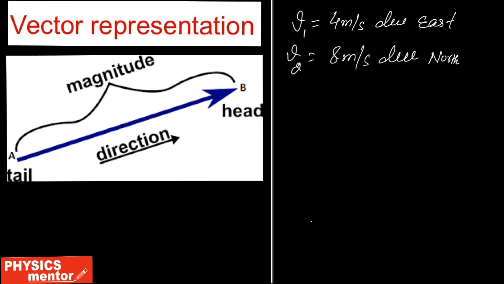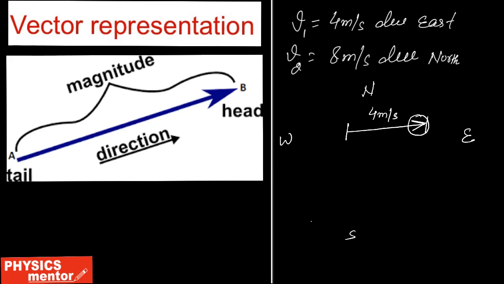Suppose this is north, south, west, and this one is east. First we will draw 4 meter per second due east. The head represents the direction, here it is due east, and this length represents the magnitude, that is 4 meter per second.